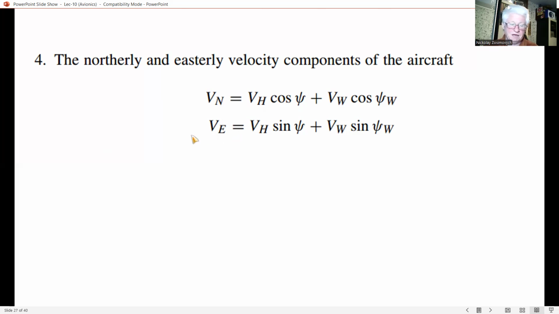And the easterly component is proportional to V sub a times sine psi plus wind speed V sub w times sine psi w. Such a system provides a reversionary dead reckoning navigation system in the absence of Doppler or an INS and would generally be used in conjunction with a radio navigation system.